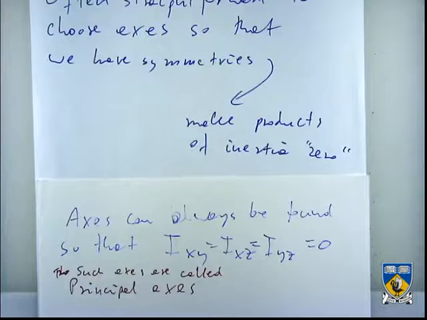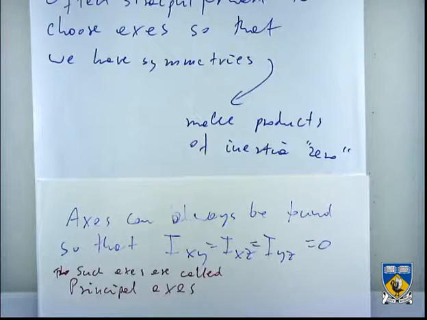Because for such a coordinate system, you have a diagonal inertia matrix, and things appear much easier then. So sometimes these principal axes can be found by inspection, by using the symmetries. But if not, then there is a mathematical procedure that allows us to find these axes, but I'm not covering this in the unit.